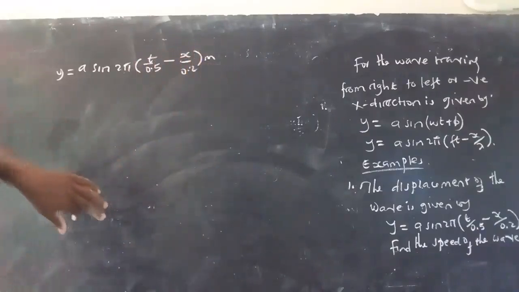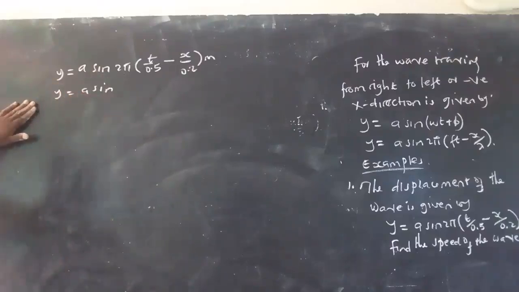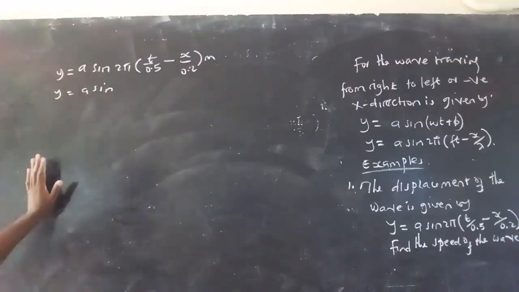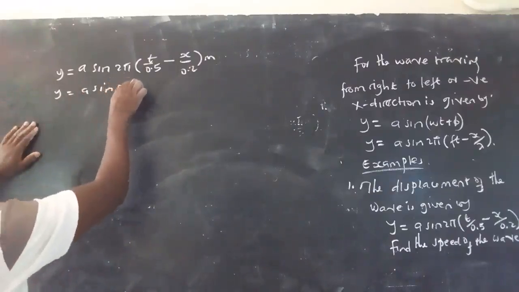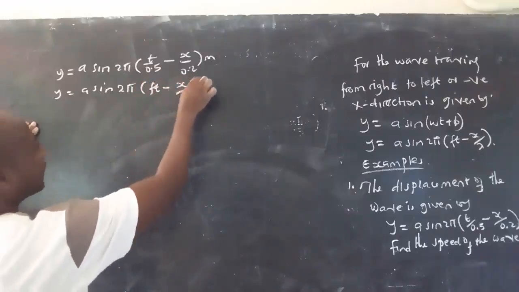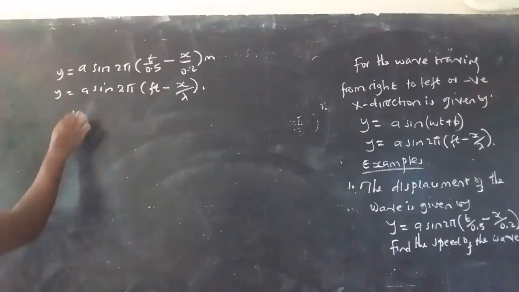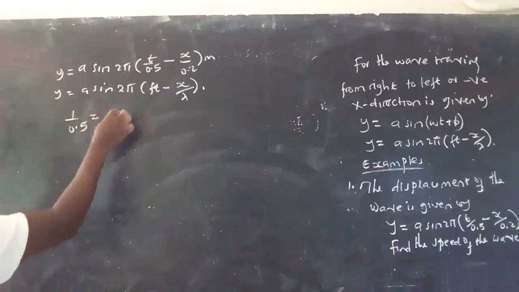So we compare with y is equal to a sin omega t minus phi, which is 2 pi ft minus x over lambda. Compare. So I'm going to compare the coefficients of t. So 1 over 0.5 is equal to f.